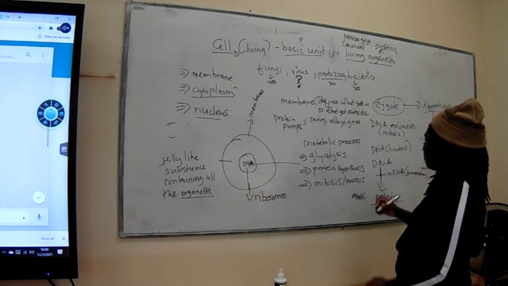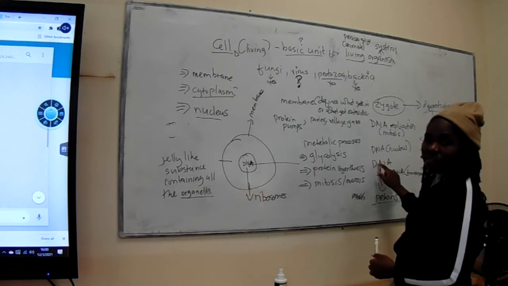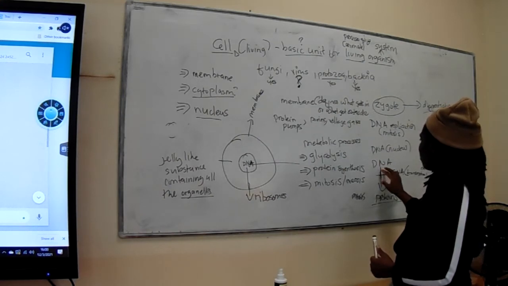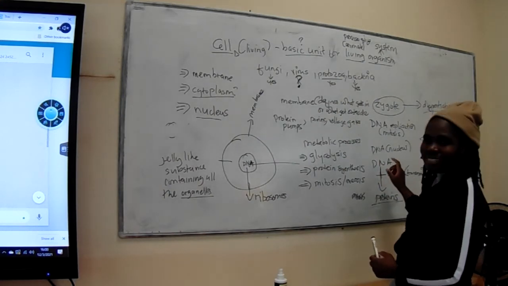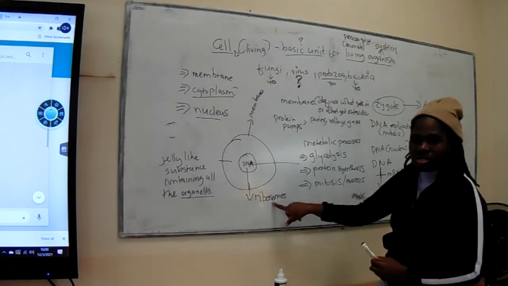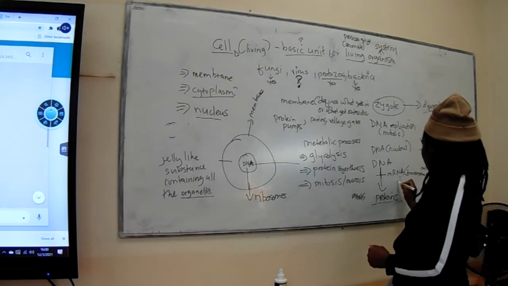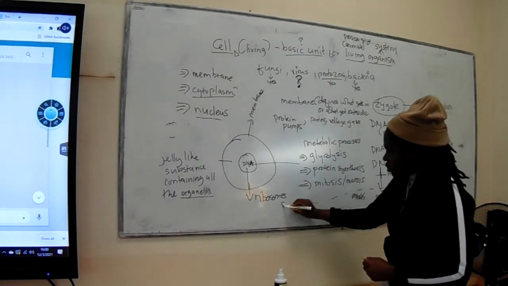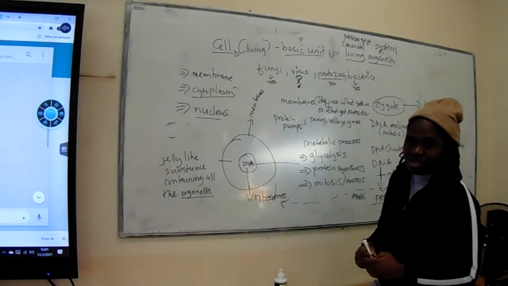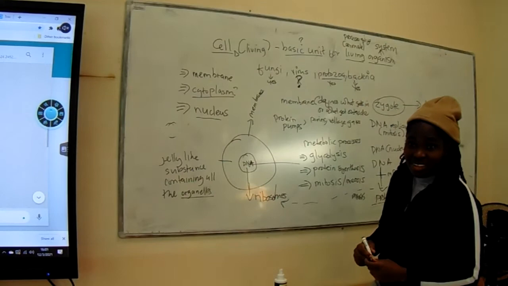So in other words, we are copying information from the DNA, but we need a messenger to relay instructions to your ribosomes. What is the function of ribosomes? To synthesize.